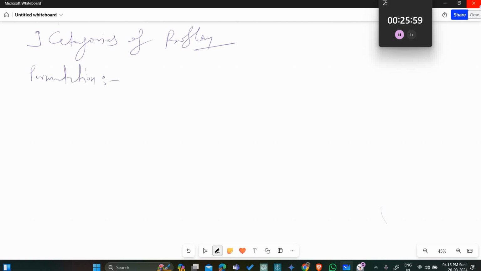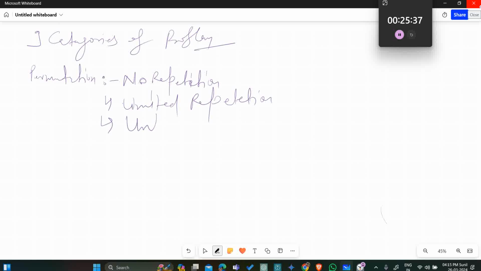Permutation has 3 categories: permutation with no repetition, permutation with limited repetition, and permutation with unlimited repetition. Guys, this is one type, two type, and three type.